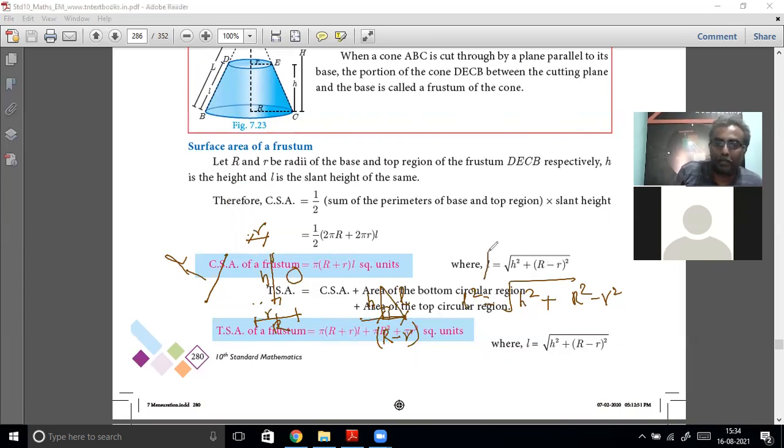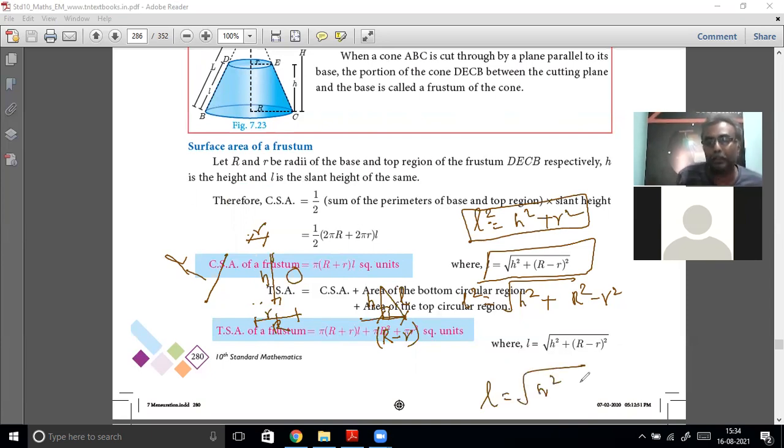In a normal cone, L squared is equal to H squared plus R squared. That's all. But in a frustum, L squared is equal to H squared plus (R minus r), the whole square.